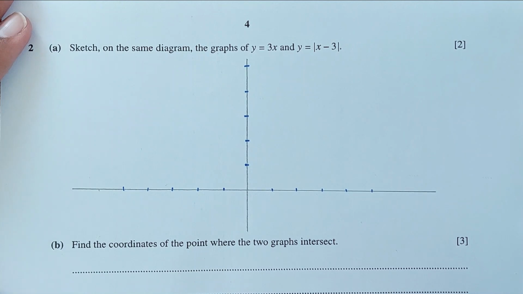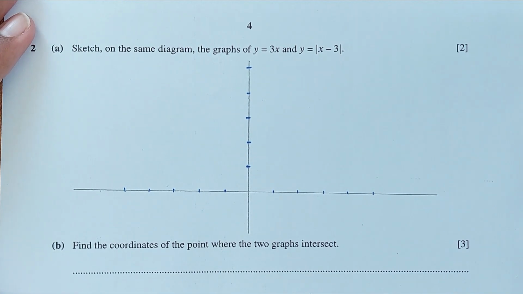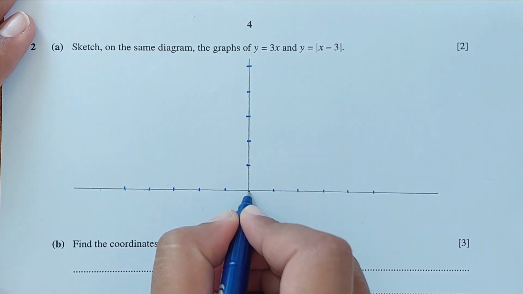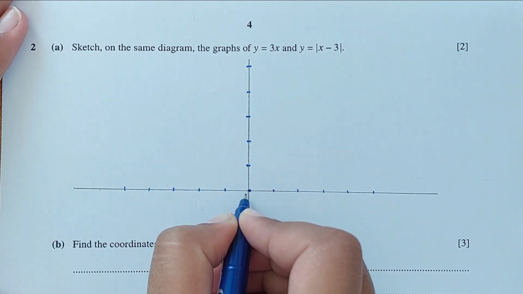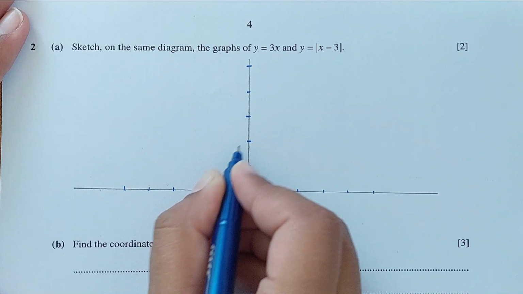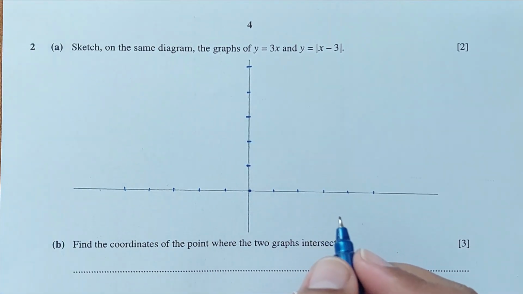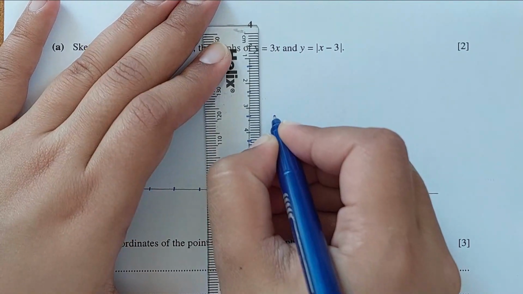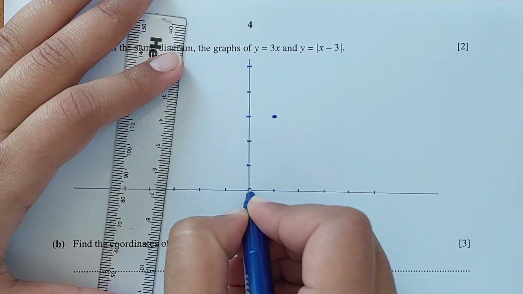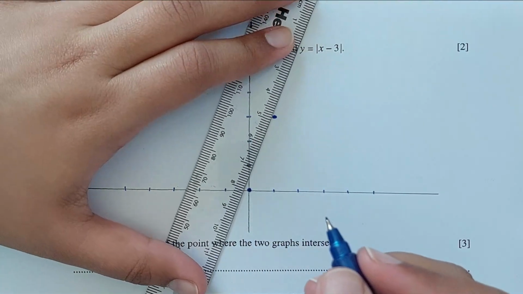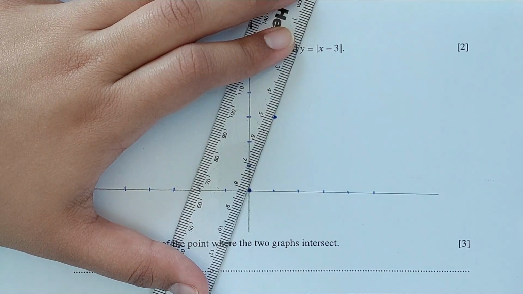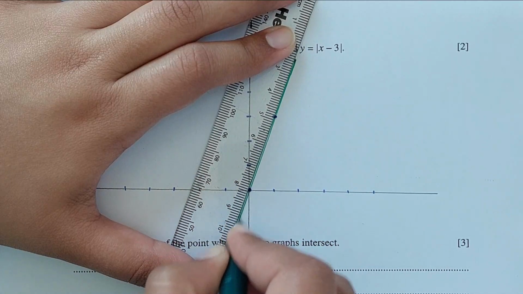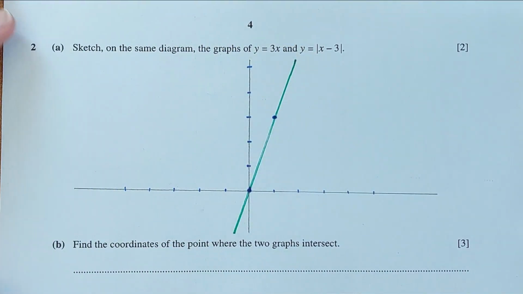For the first equation, y equals 3x, the y-intercept is 0 and the slope is a rise of 3 units and a run of 1 unit, so this would be the point. Connect the two points and we get the graph for y equals 3x.